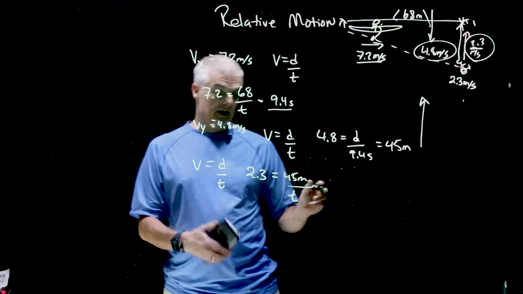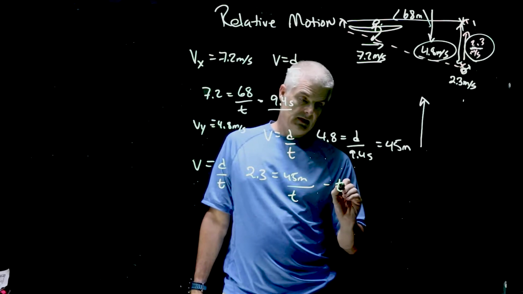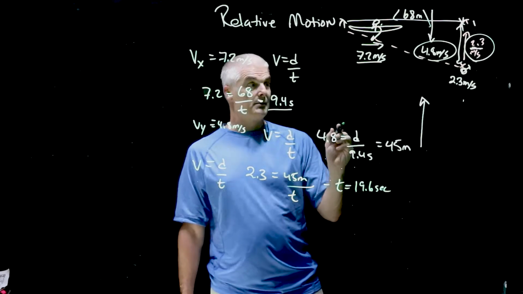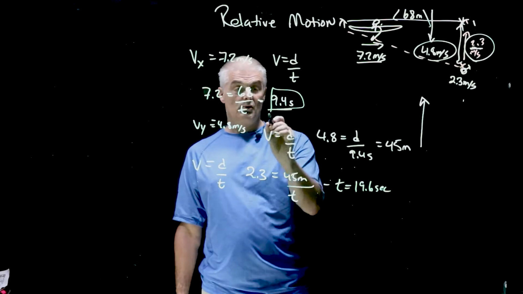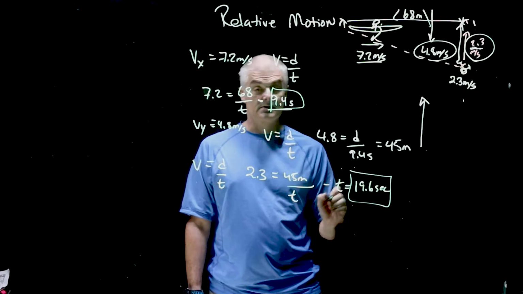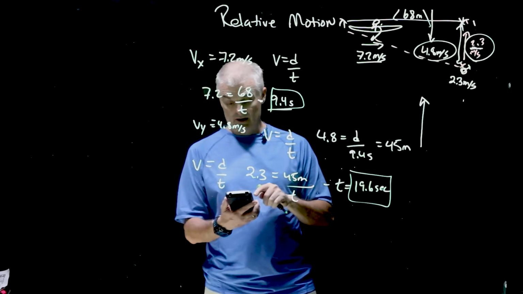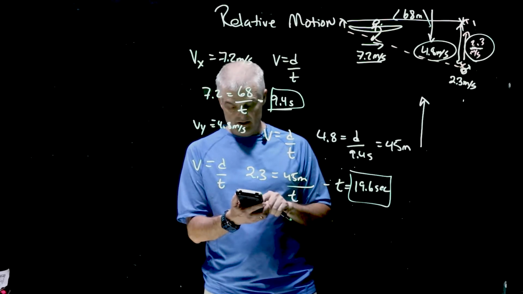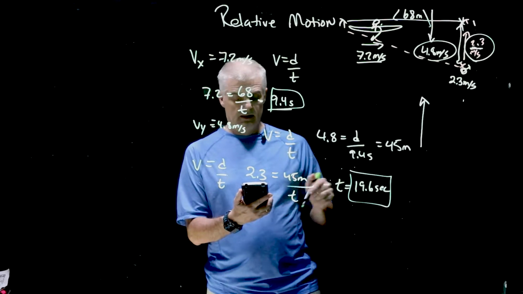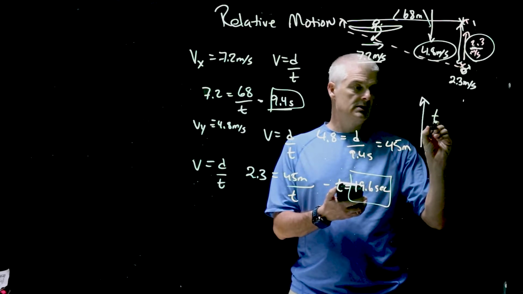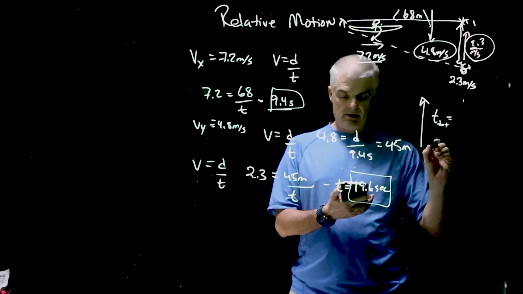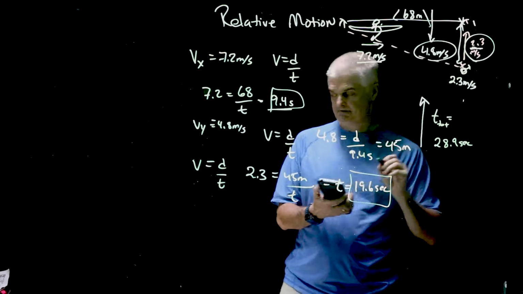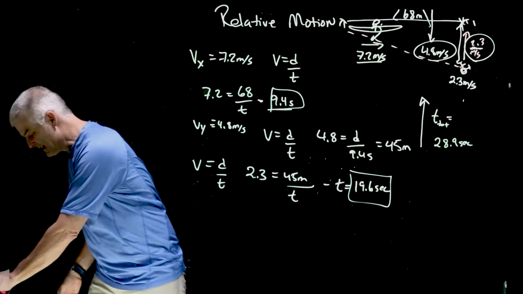And that is going to be 19.6 seconds. So let's think about this. How much time is it going to take him? 9.4 to kayak, 19.6 to walk. So I add these two numbers up. 19.6 plus 9.4 gives me a total time, so T total we'll call that, is equal to 28.9 seconds.